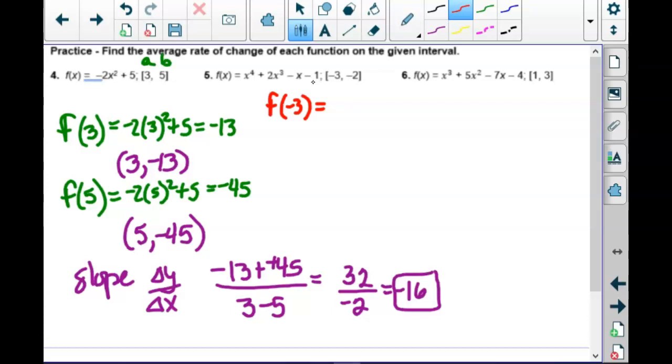Tell you what. I'm going to assign some people. If I could remember everybody's name, I'd be really happy. I want to say Kayla. That's not right though, is it? Kaylee. Can you do the f of negative 3 for me? Jada, can you do f of negative 2 on this one?